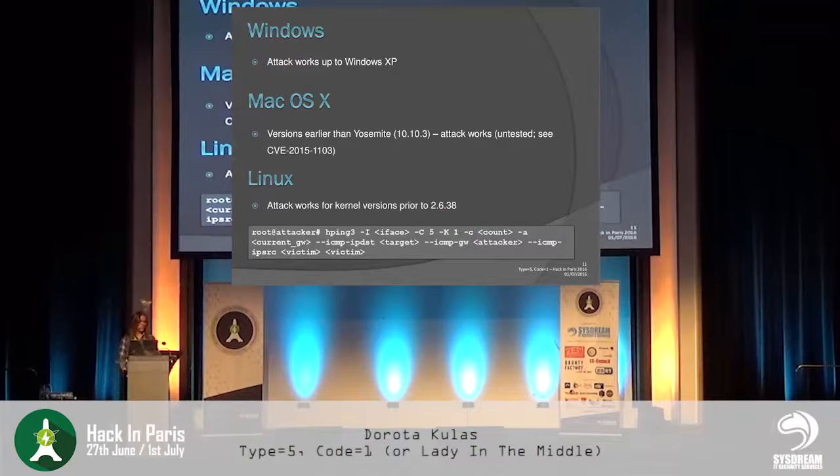So as you can see, it was working up to Windows XP. For macOS, I didn't test this, but I found the article and the CVE here that changed the default configuration of macOS. Right now, if you're running an OS newer than Yosemite, the attack won't work at all, because they just disable IP redirects by default.